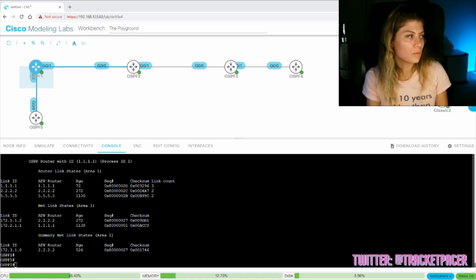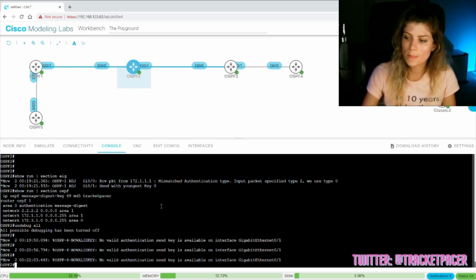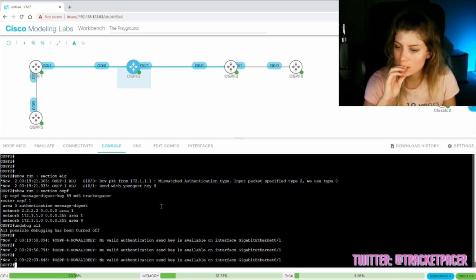Plain text is type 1 and MD5 is type 2. So type 0 means that there's no authentication, basically. It's the default. So it looks like OSPF authentication is working okay on 1, but on 2, we have a problem.